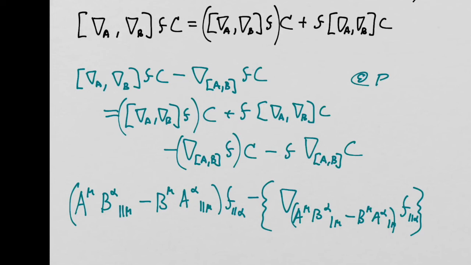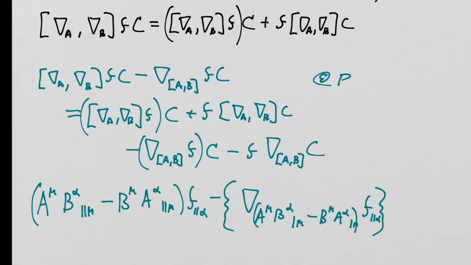Actually, let me wait a minute. That's not exactly the right notation. Look what I have here. This is the covariant derivative acting on f, but I have f already with an index on it, so I'm getting a little ahead of myself. It should just be this. This guy here is a vector, and this is the components of the vector. In fact, let me do this even better.